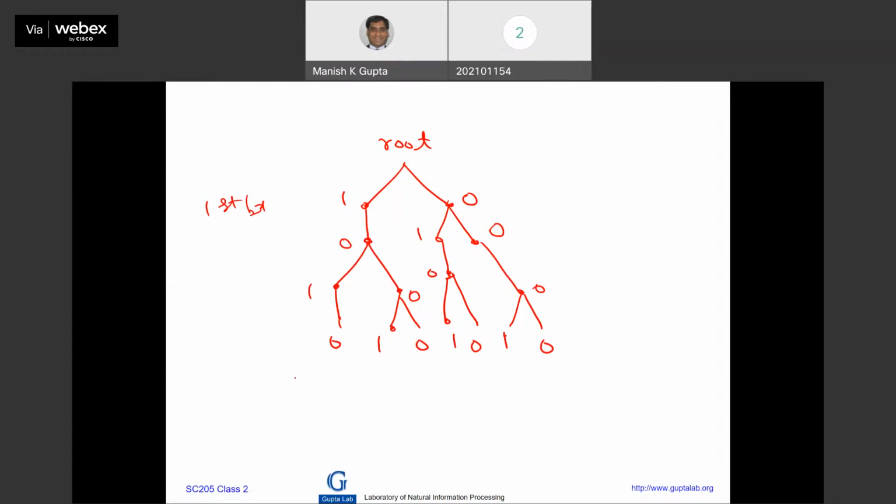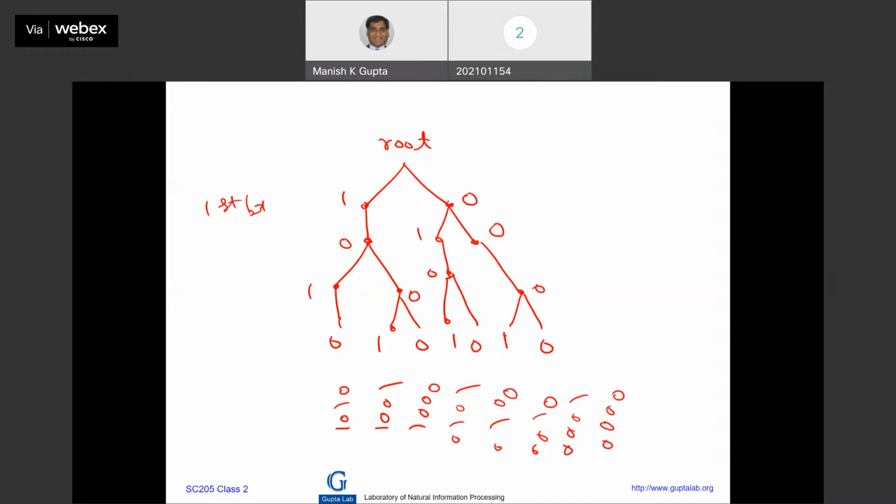So what are these strings? 1010, 1001, 1000, 0101, 0100, 0010, 0001, 0000. All 8 possibilities are there. So this kind of tree you can make to count. This is the tree diagram method for counting.